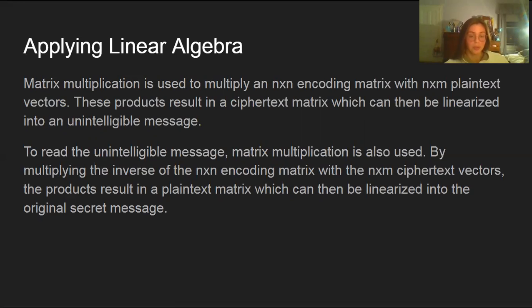Then to decrypt this message, we will use matrix multiplication once more. We will instead use a decoding matrix, which is just the inverse of the encoding matrix, and we'll multiply that by the ciphertext matrix, which will give us the plaintext matrix, which will then be linearized into the original secret message.